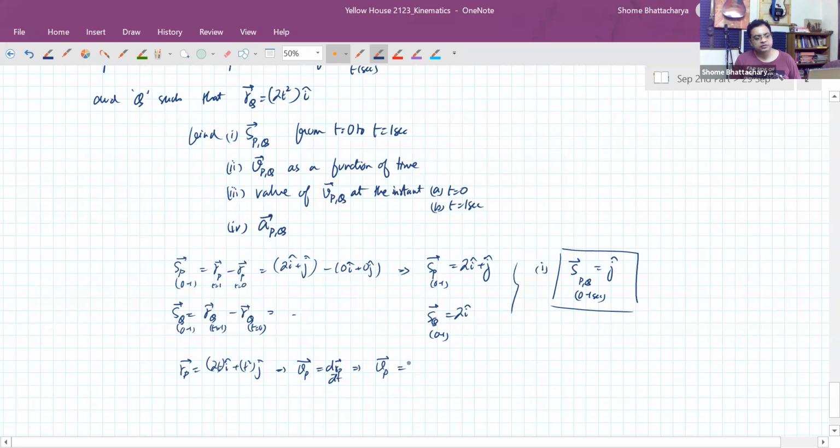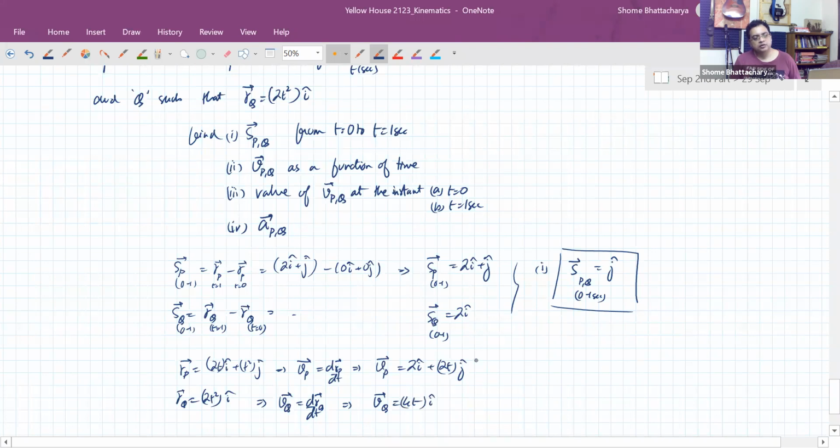When you differentiate this, you will get 2 i cap plus 2t j cap. Similarly, the position of Q as a function of time is this much. So the velocity of Q will be 4t i cap.